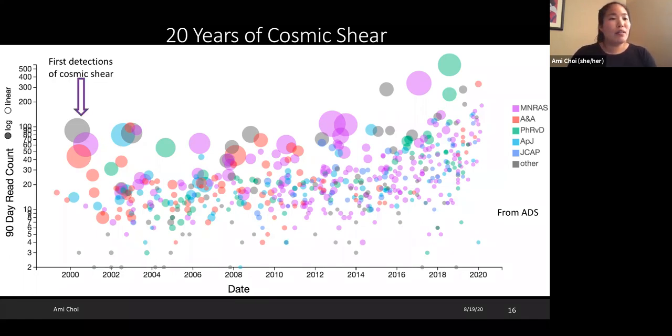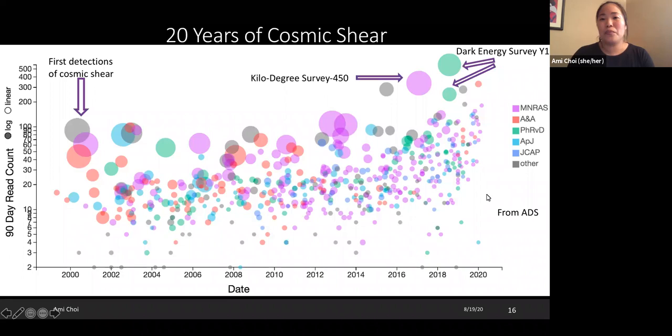The first detections of cosmic shear happened in the year 2000. So the measurement of it is only 20 years old. And there were actually 4 joint first detections, but one of the papers, Nick Kaiser's paper, didn't fully go through the refereeing process, so it doesn't show up in my search.